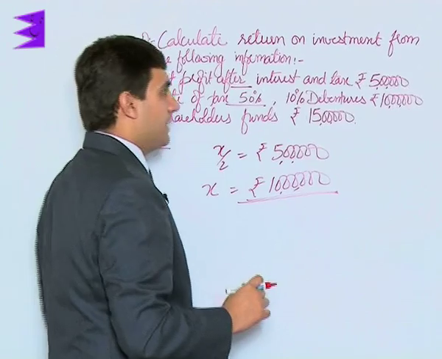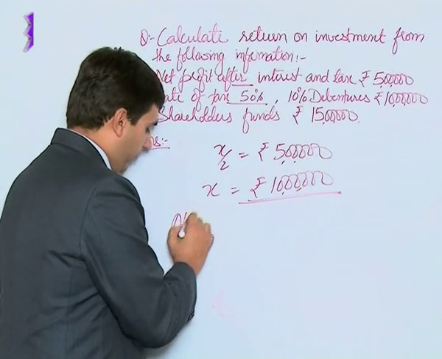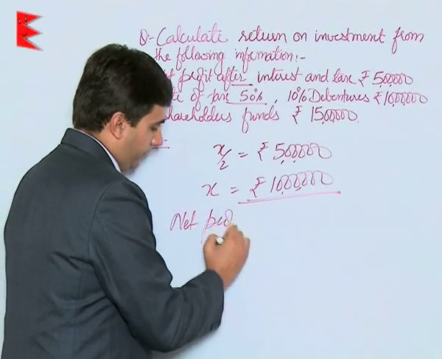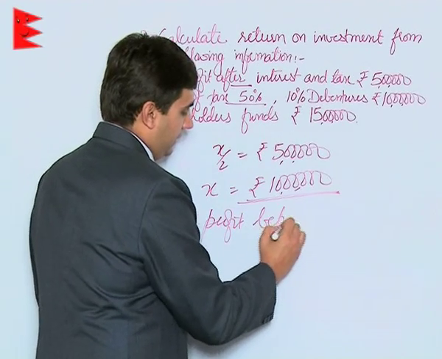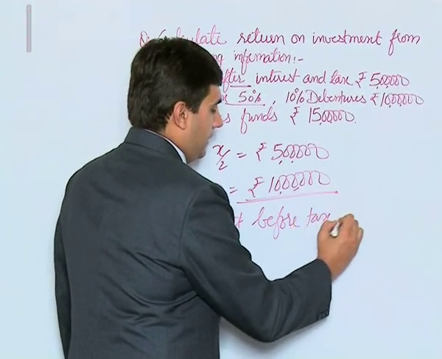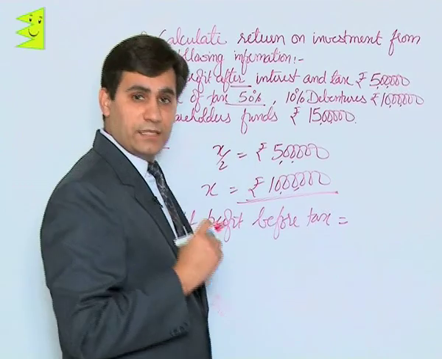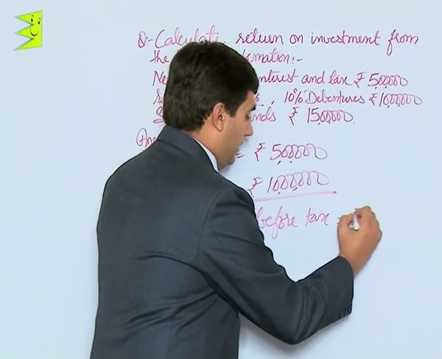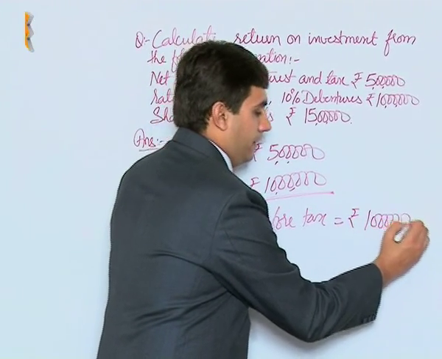So students, we can say that net profit before tax, which we had assumed to be X, is rupees 10 lakh.